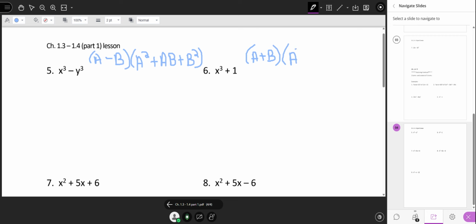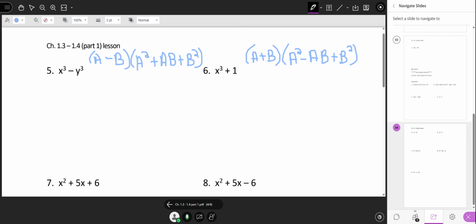a squared minus, my hand's cramping because of all the writing, ab plus b squared. Ain't this crazy stuff?